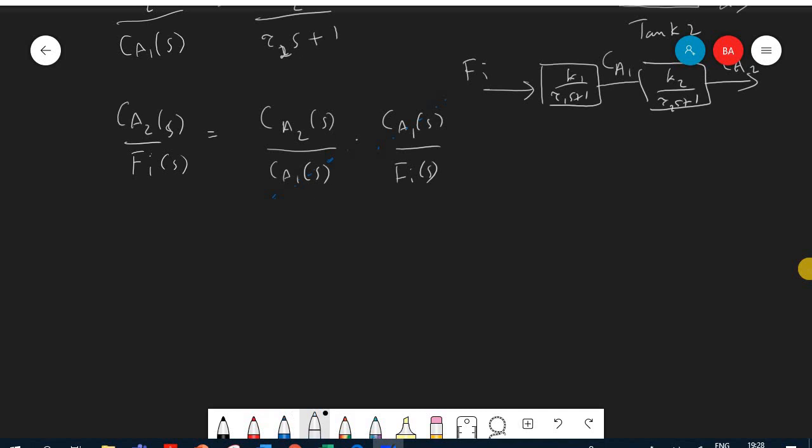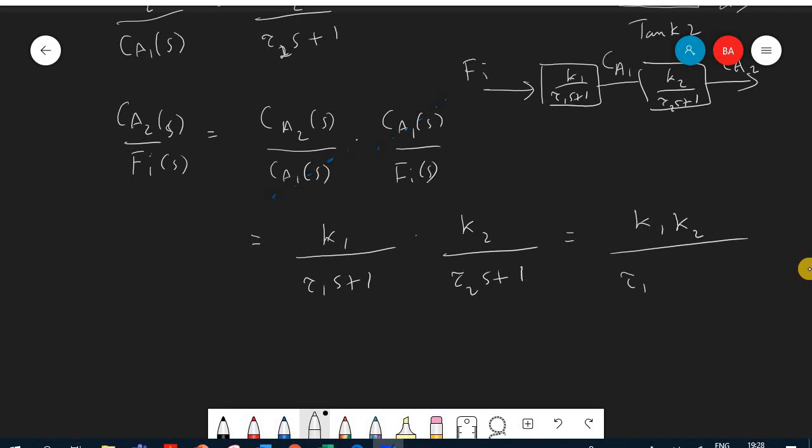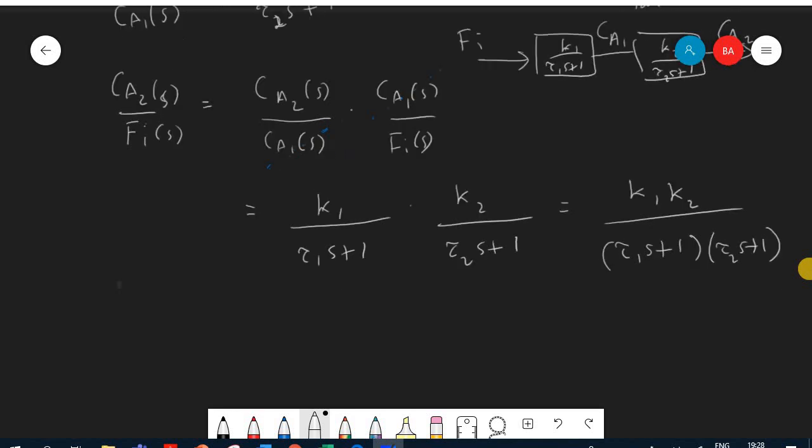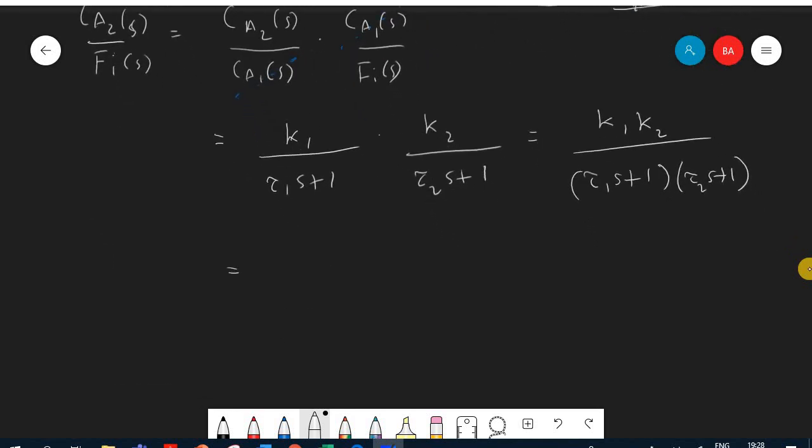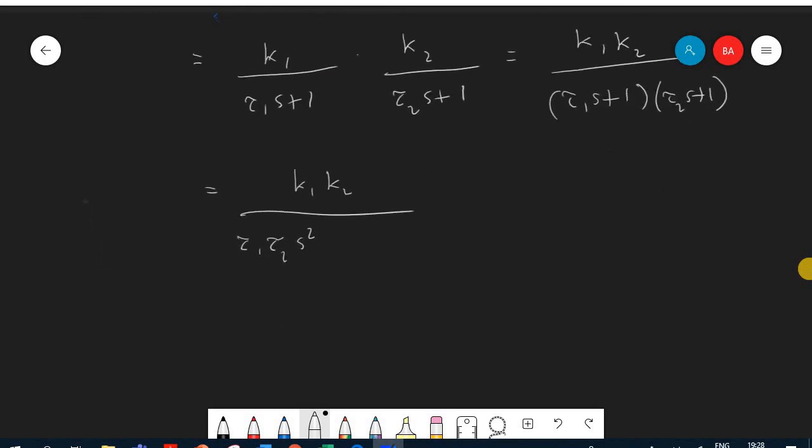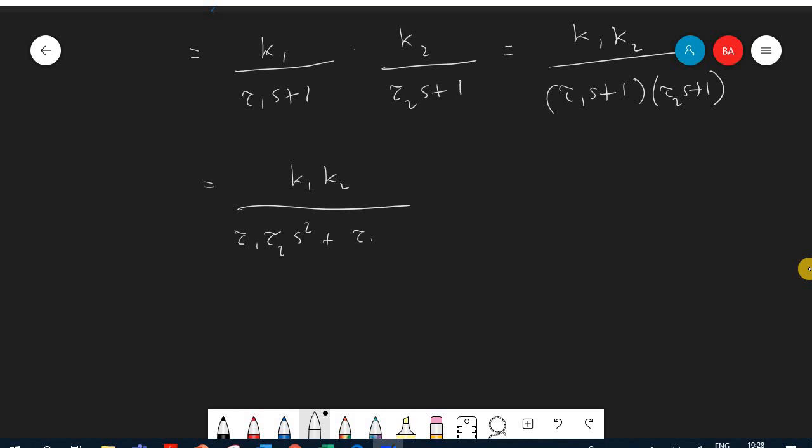And what will be my equation here? It will be K1 over tau 1s plus 1 into K2 over tau 2s plus 1. Multiply them, we will have K1 into K2, two constants, over tau 1s plus 1 into tau 2s plus 1. Now multiplying the denominator terms, that will be tau 1 into tau 2 s squared, plus tau 1s plus tau 2s plus 1.